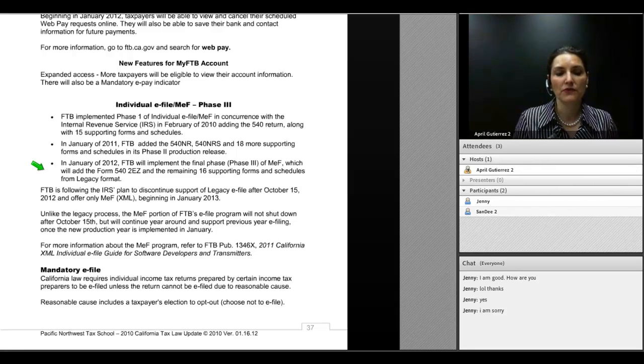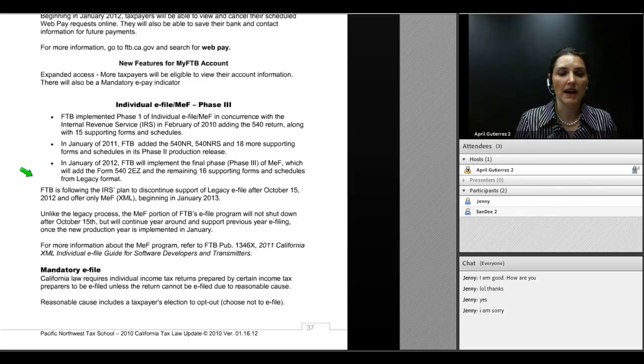Essentially, most individual forms and schedules, as well as many or most of the business forms and schedules, can now go out electronically. And the beauty of the electronic filing system under MEF is that modernized e-file continues after the filing season ends, so you will no longer have a situation where after October 15th you can't electronically file California returns anymore. You're going to be able to continue filing California back year returns into the future, in future years.